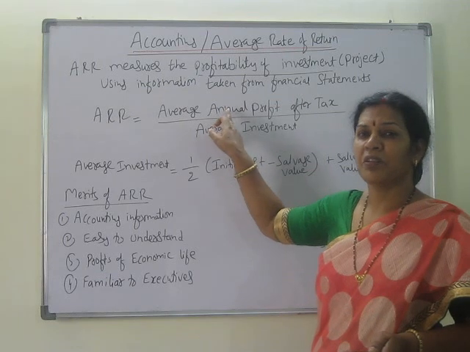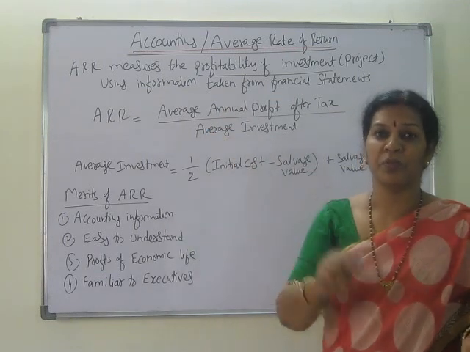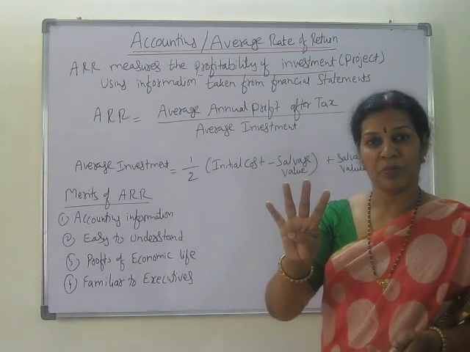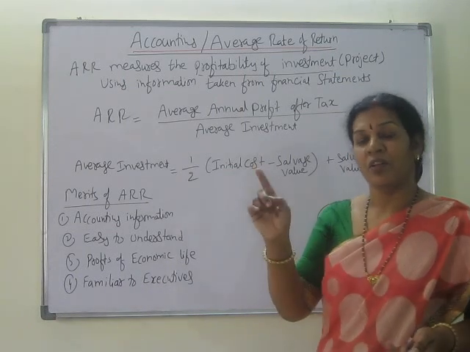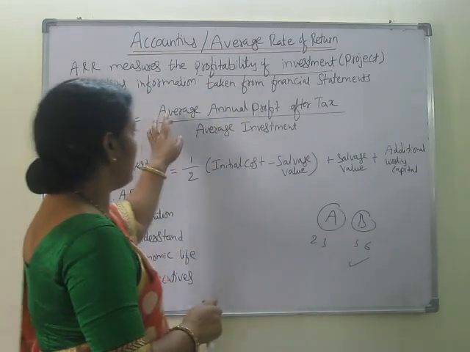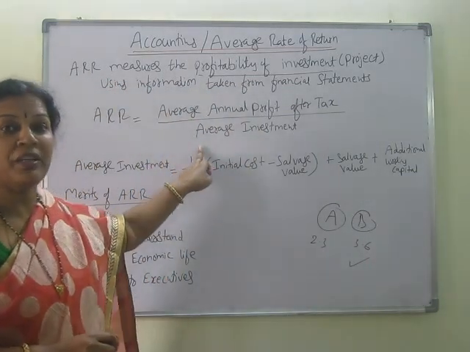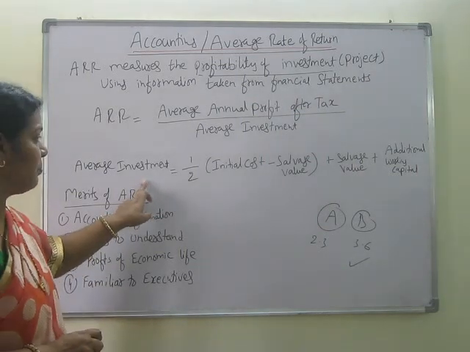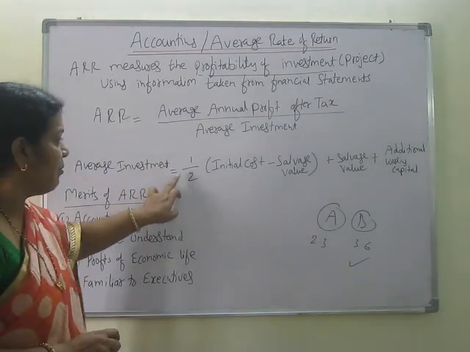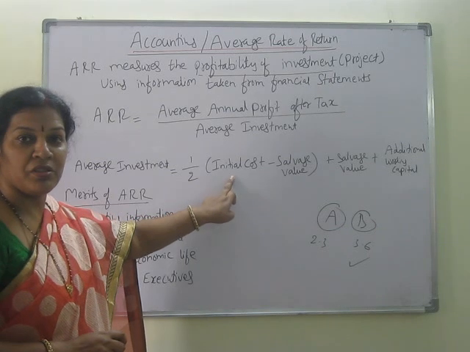Average annual profit is quite easy to calculate. Suppose 4 years of profit is given: add the 4 years' profit, divide by 4, and we get the average profit. That average profit is divided by average investment. How do you get average investment? There is another formula, quite easy to remember: 1 by 2 into initial cost minus salvage value.